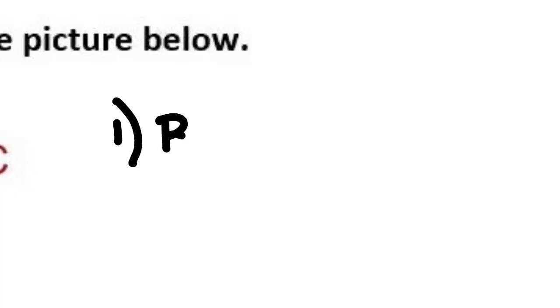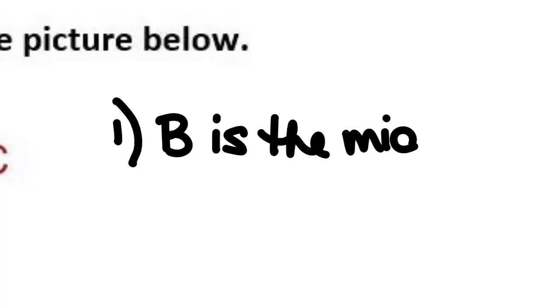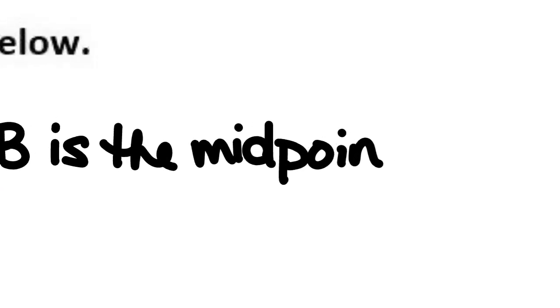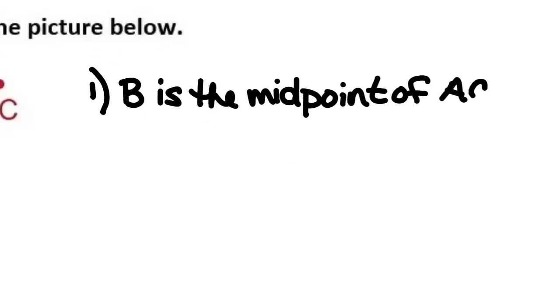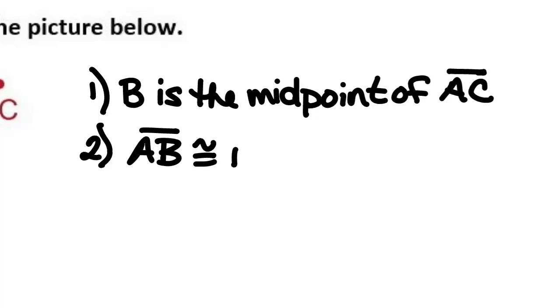B is the midpoint of segment AC. What do those little marks mean that are on there? Congruent. So I know that segment AB is congruent to segment BC.